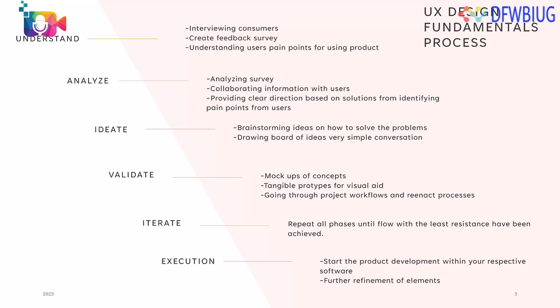We just scrapped all the other ones. Now we're incorporating a more detailed way of going about the processes at hand. This would be more tangible prototypes for visual aid.